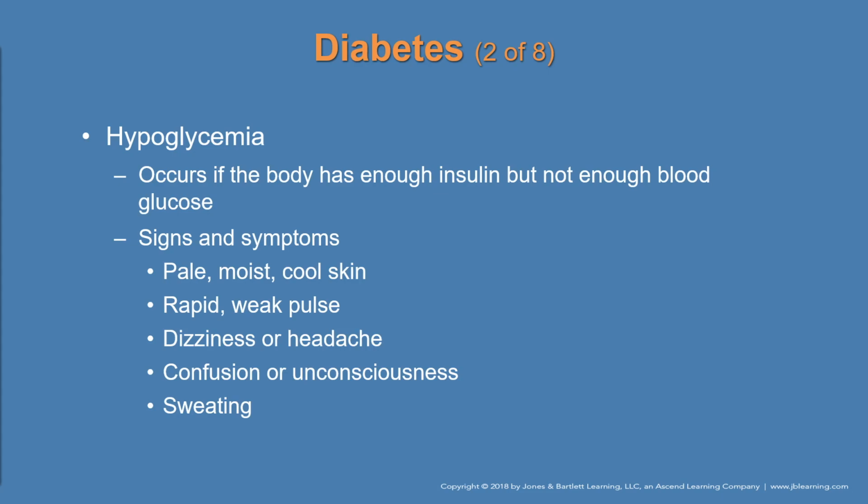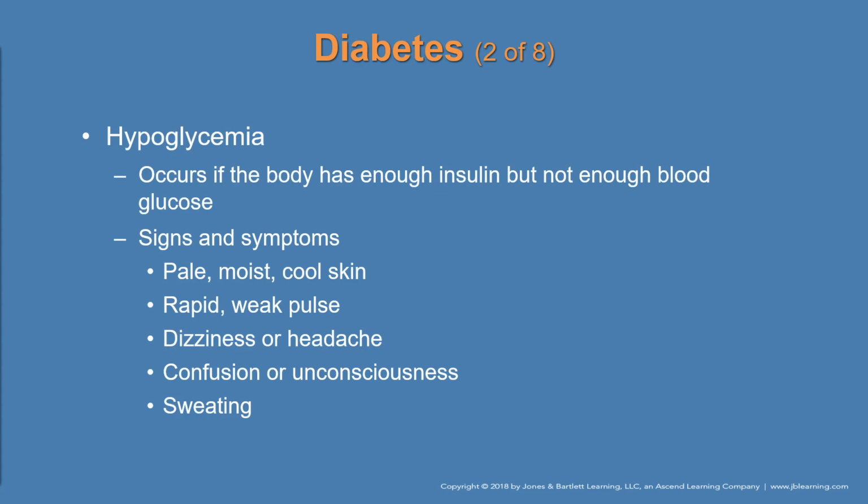Nope. Okay. So some signs and symptoms of hypoglycemia: we're going to see this person with pale, sweaty, cool skin, sort of like they're going into shock. We may also feel a rapid and weak pulse, dizziness, headache, confusion, or unconsciousness. A lot of times these patients are described as looking and acting intoxicated or drunk, right?